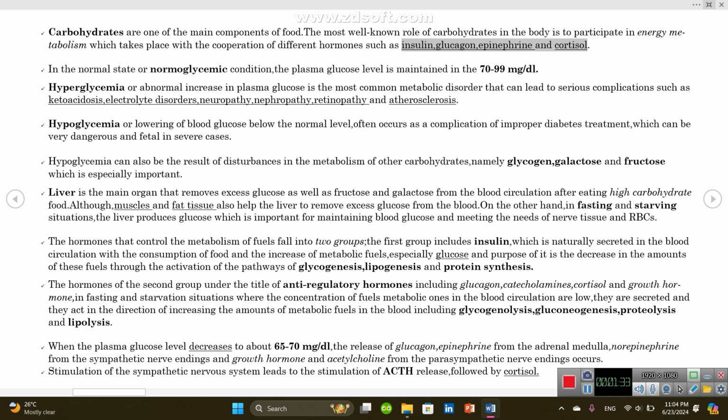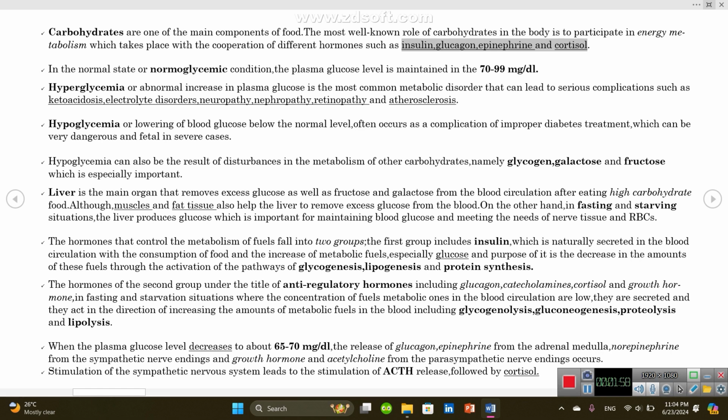In the normal state, we can divide sugar existence in the bloodstream into three different categories. The first one is when the situation is normal, so we call it normoglycemic condition.